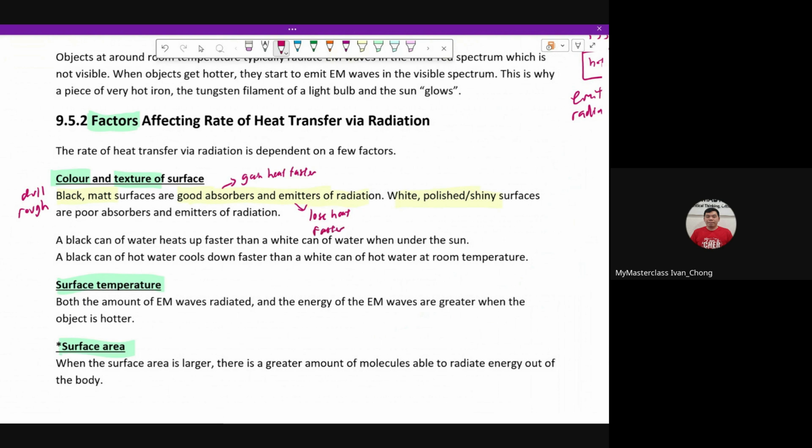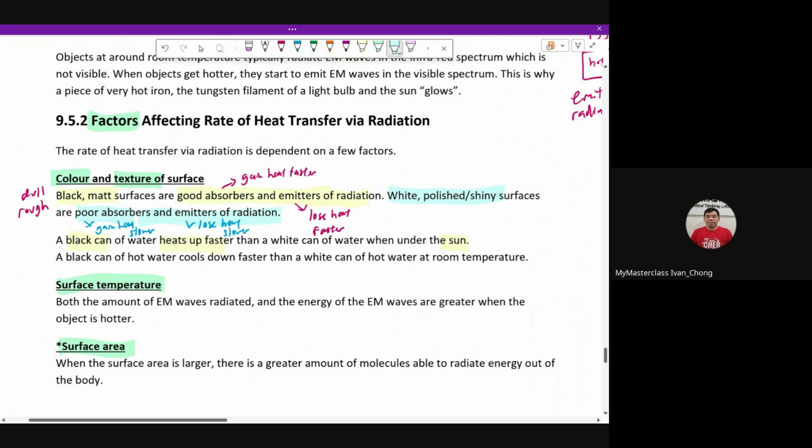Okay? And with your white and polished surface, let's use a different color. White and polished surfaces are poor absorbers and emitters of radiation. So what does that mean? You will gain heat slower, and you will lose heat slower. So depending on the context of the question, you might want to use different materials over here. Okay? So a black can heats up faster because it gains heat faster from the sun.